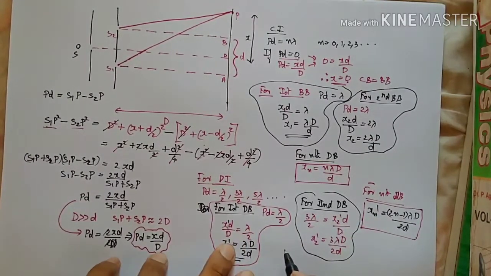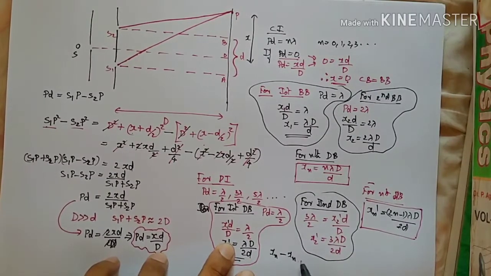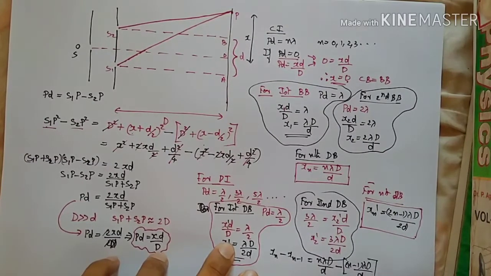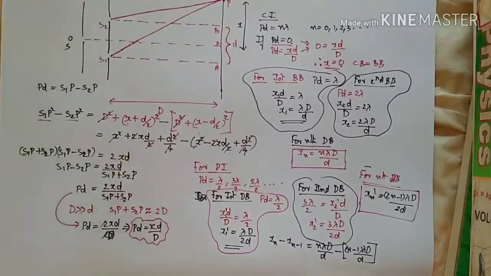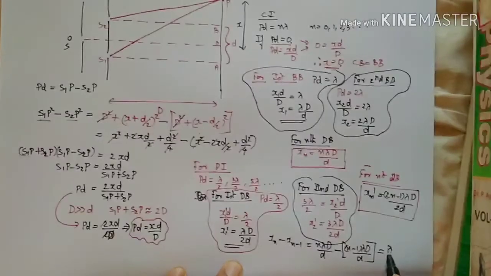If I take xn minus xn minus 1, that will give us the distance between two consecutive bright bands. Substituting here, xn is n lambda D by d minus xn minus 1, which is n minus 1 lambda D by d, and the answer for this will be lambda D by d.